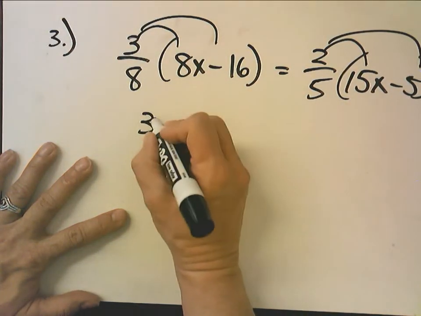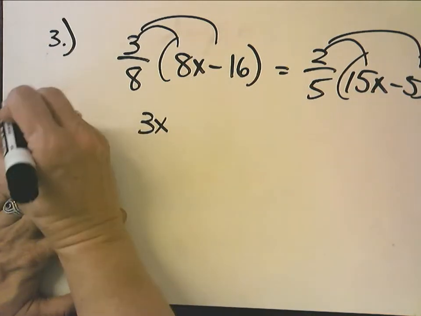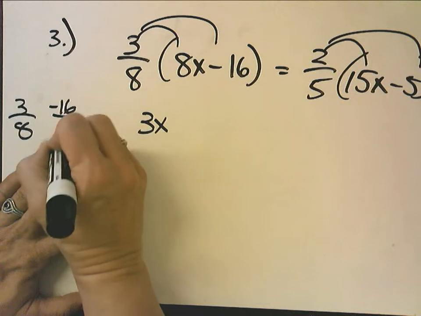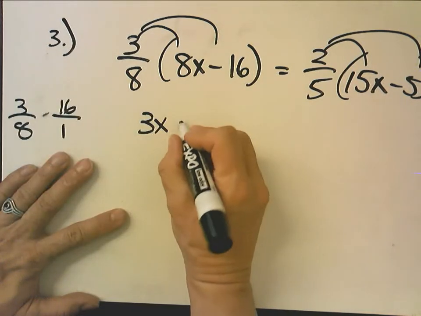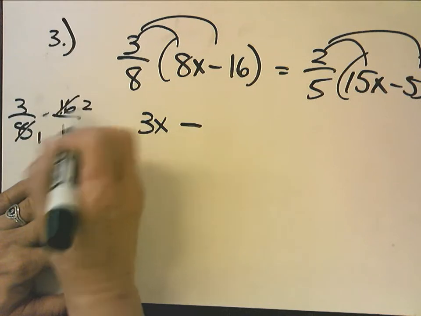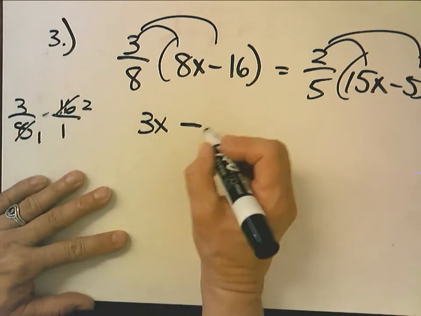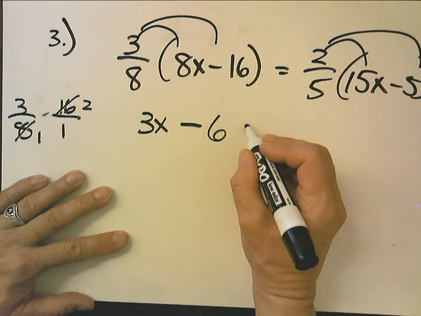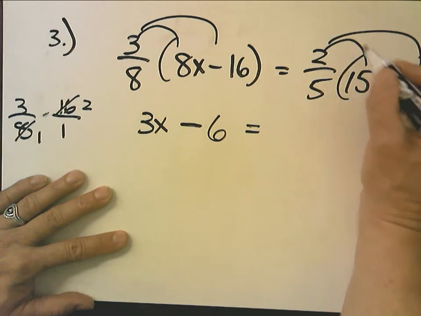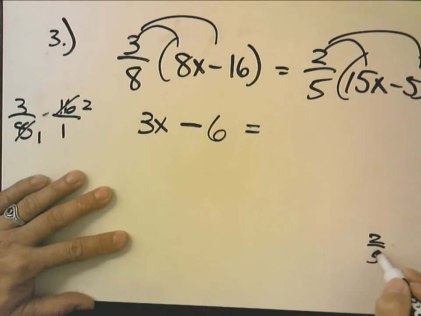So this becomes 3x, and I'll do the math over here, negative 16 over 1. I'm going to get rid of that negative and just put it here because I know it's going to be a negative number. 8 goes into 16 twice, 3 times 2 is 6. So it's 3x minus 6 equals, and again, this I'll write down here, 2/5 times 15 over 1.